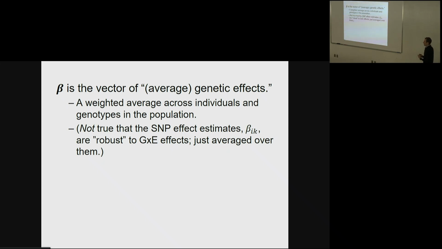But it's not true that the SNPs you're identifying in a GWAS are somehow, by virtue of having been identified, unlikely to have G by E effects. What you're getting in the GWAS, or what this beta is, is an average over the distribution of environments and whatever G by E effects there might be. Okay, so I think that's useful to understand.